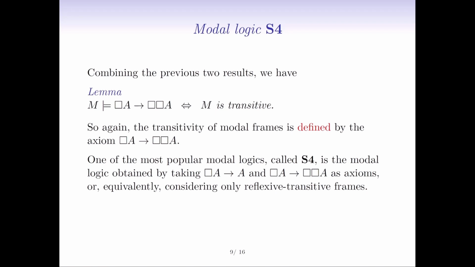It is modal logic where all frames are required to be both reflexive and transitive. And of course, if you want to think about relations that are reflexive and transitive, equality or non-strict inequality, so less than or equal to, are both relations that are reflexive and transitive.